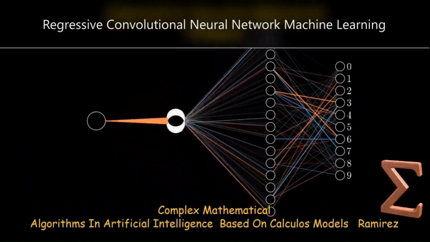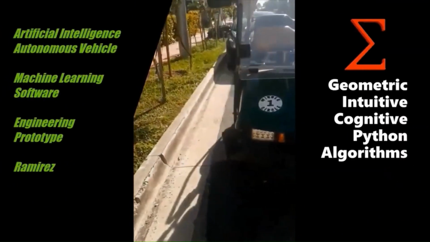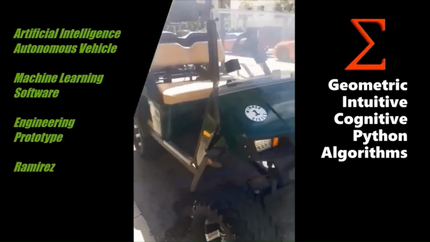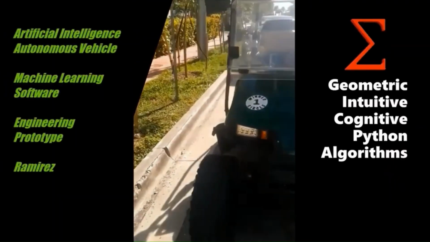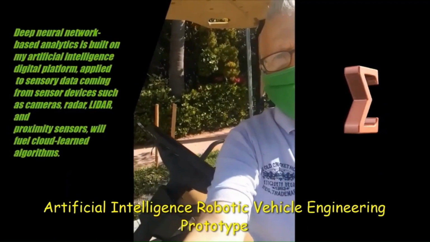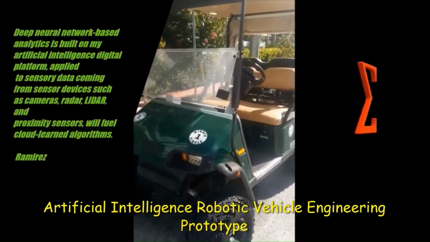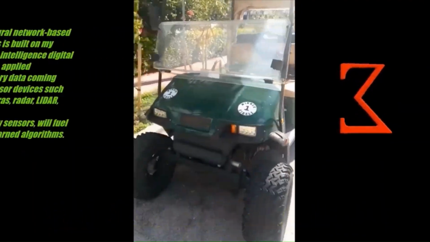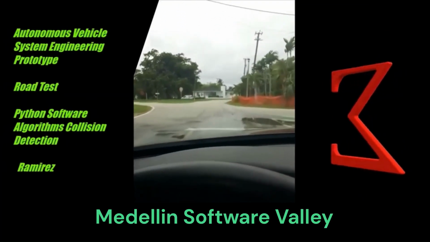The motors have a gear ratio of 19:1, which provides 500 RPM without a load. For turning left and right, I used the smart steering servo motor.